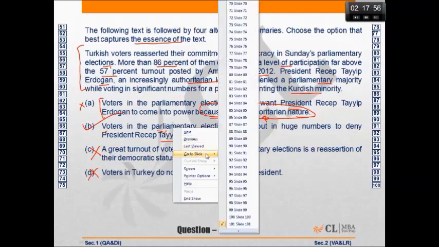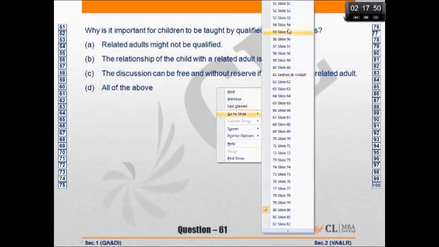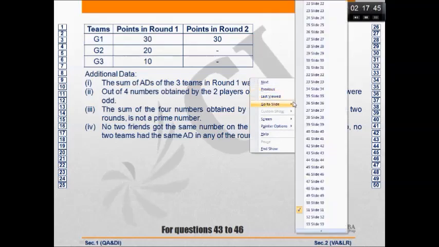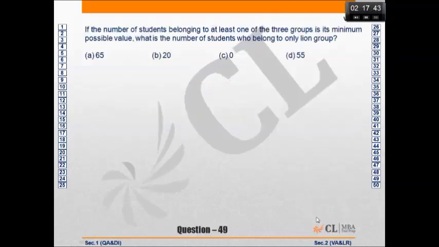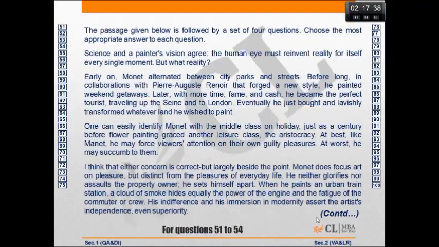Let me go to slide 51. So I'm opening the question paper and going to the RC section, and let me see what the RC passages are.